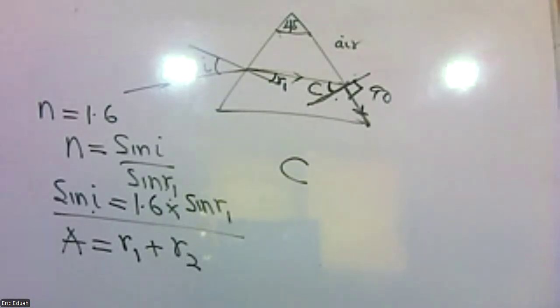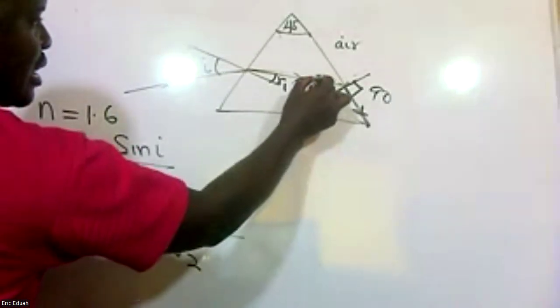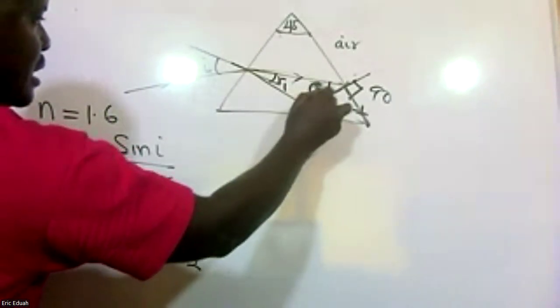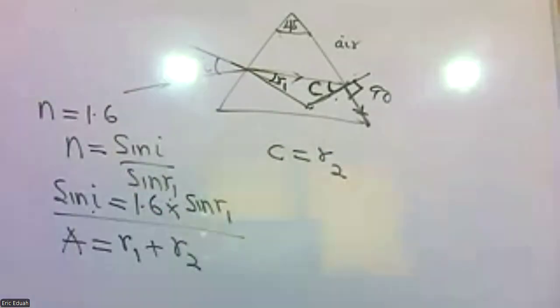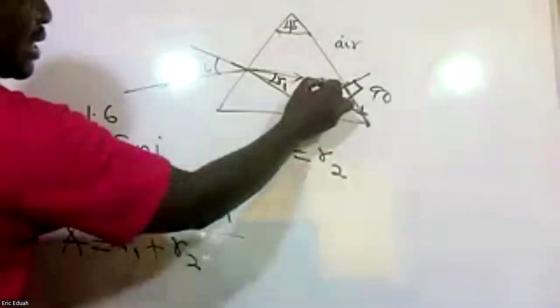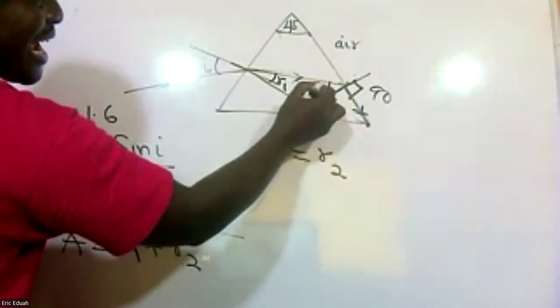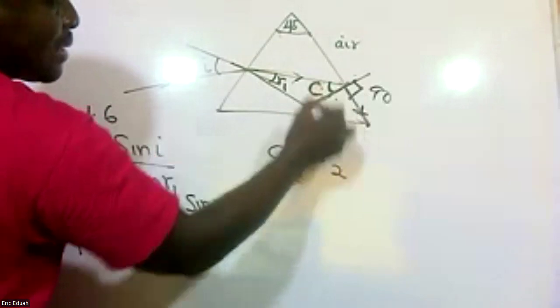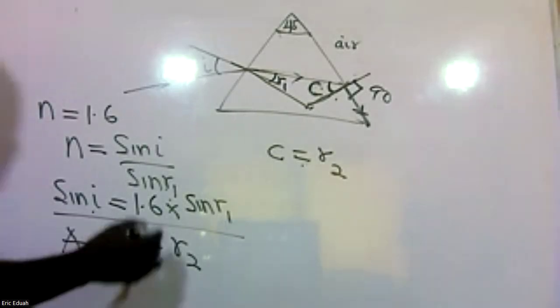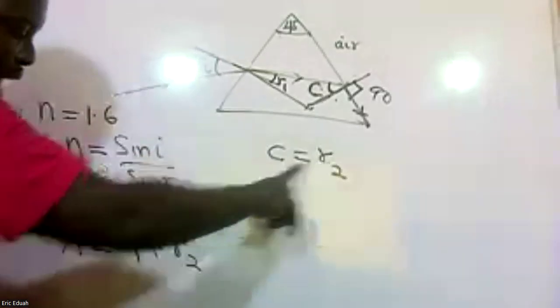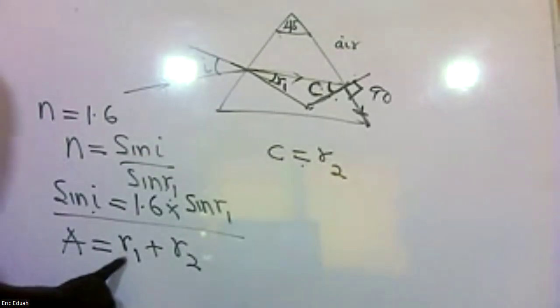Then it means that the critical angle C is equal to R2, because this is R2. But if this is 90, then R2 must be equal to C. Is that okay? So when we find C, we've also identified R2, out of which we can calculate the value of R1.